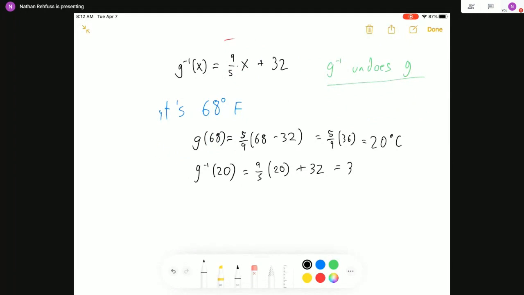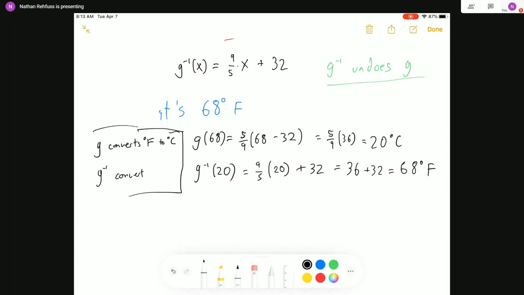That's 9 times 4, which is 36, plus 32. And 36 plus 32 is 68. So if I know the inverse function, I can recover the original data. In this case, if G converts degrees Fahrenheit to degrees Celsius, then G inverse converts degrees Celsius back to degrees Fahrenheit.